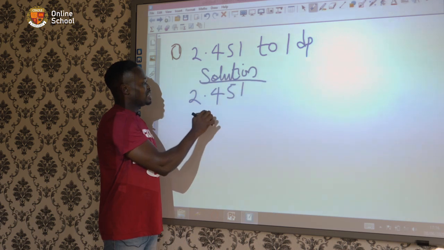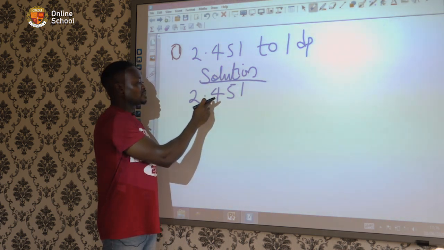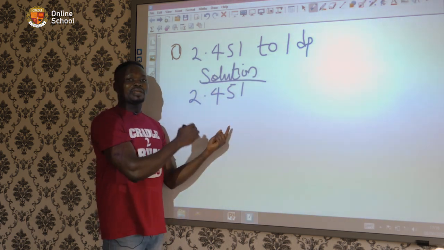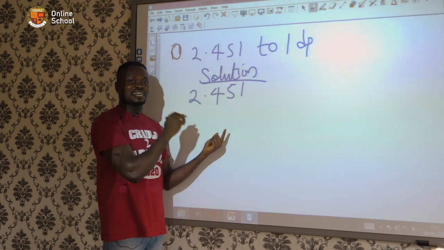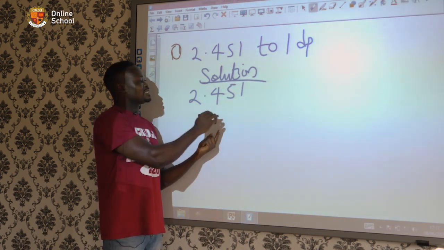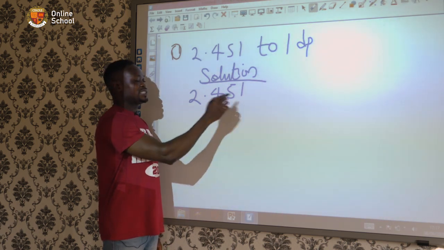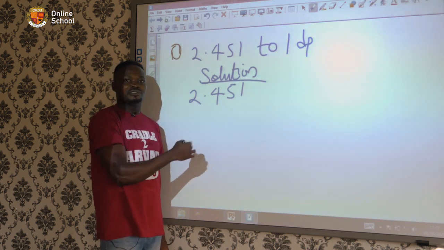If you look at it very well, you can see that 4 is the first digit here, which is the first number, and we have 5. We still have to apply the last principle we use in approximating number to the nearest 10. Any number that is up to 5 will be rounded up to 10. And anyone that is less than 5 will be rounded down to 0.